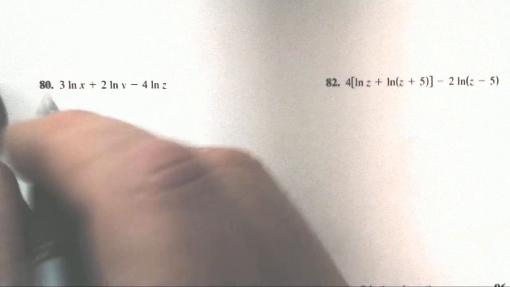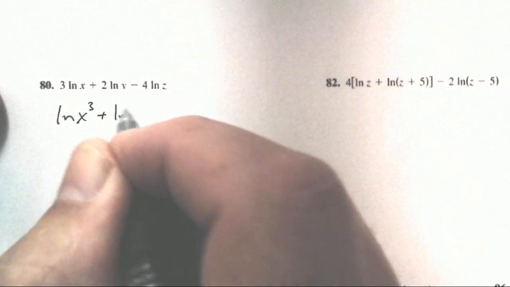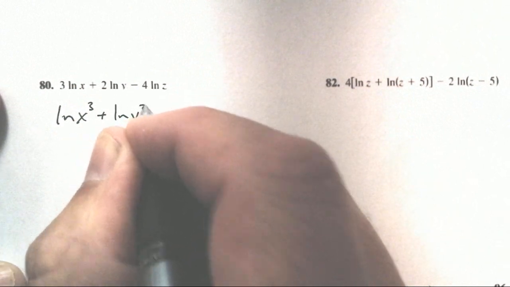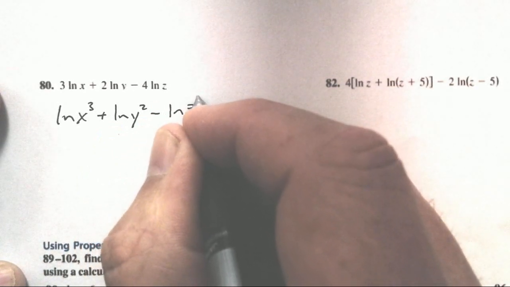Okay, so rule 3, ln x cubed. Rule 3, ln, I believe that's a y squared, minus rule 3, ln z to the 4th.